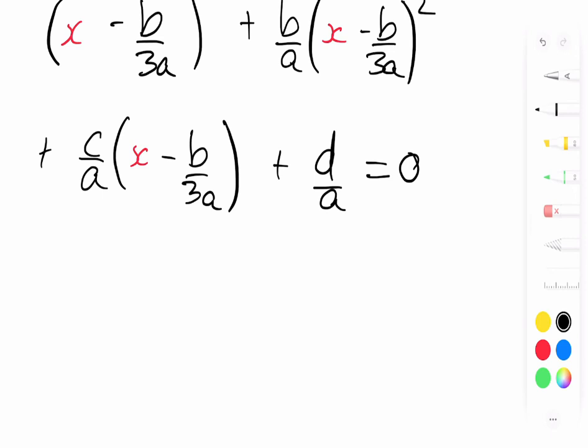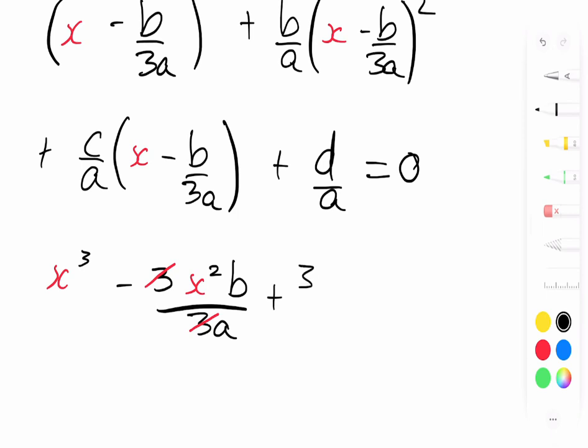So, first of all, we have x cubed minus 3x squared b over 3a. These two here will cancel.